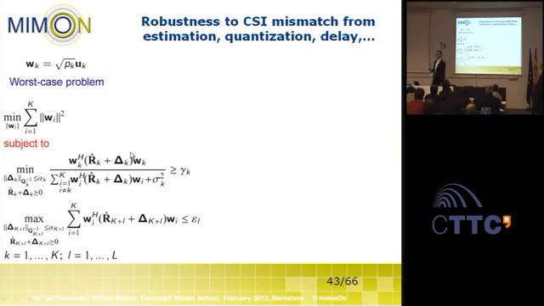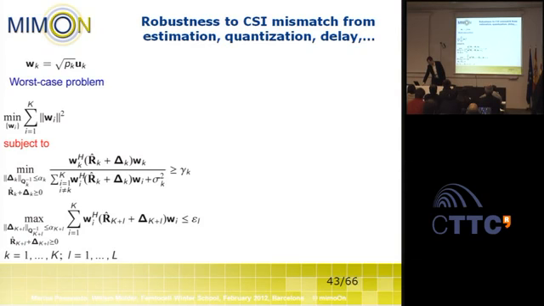Now we want to design beamformers which solve the optimization problem not only for the estimated covariance matrices, but for all possible error matrices that can occur. Of course we need to limit the errors, and we limit them by considering only those mismatch matrices within some ellipsoid. So this gives us a robustness to the beamformer design.